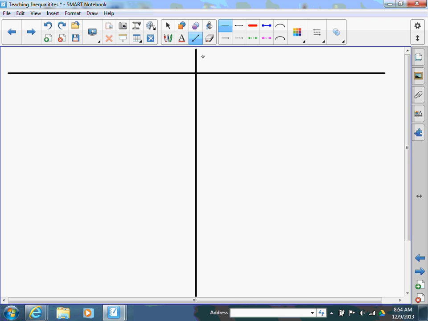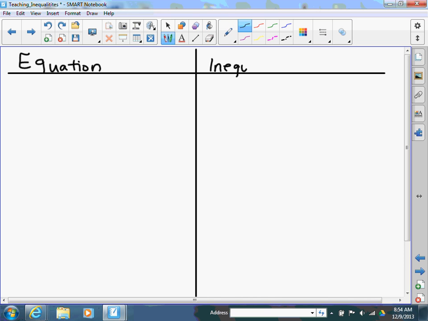At the top, this heading right here is going to be called equations. This heading over here is called inequality. Okay, does everybody have that?